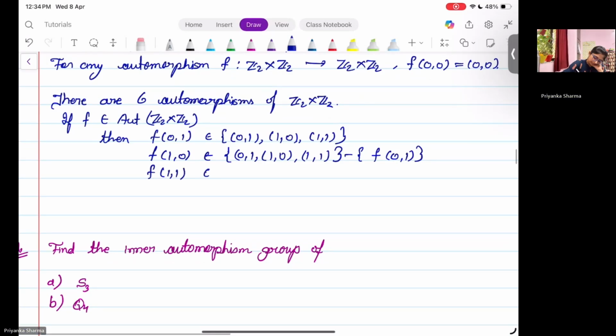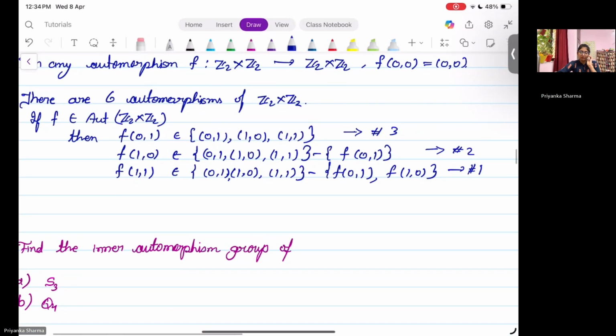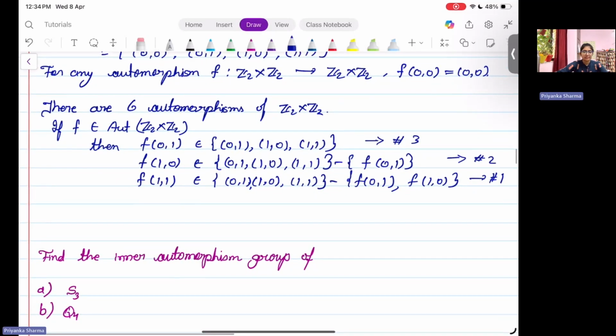And F of 1, 1 can be the remaining element, minus F of 0, 1 and F of 1, 0. So from here we have three possibilities, from here two possibilities, and here only one possibility. That's why we have exactly 6 automorphisms.